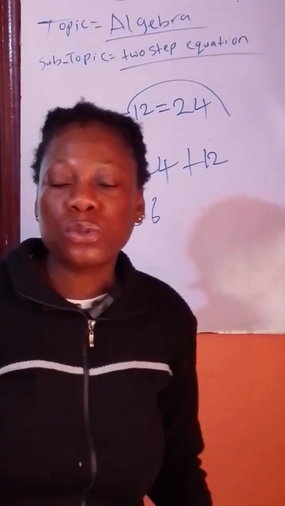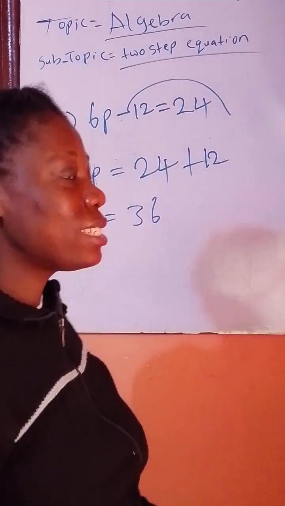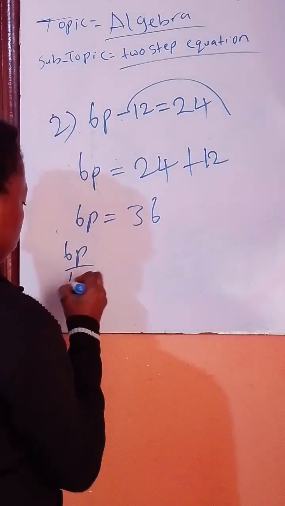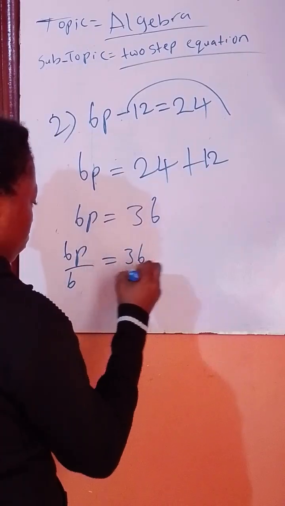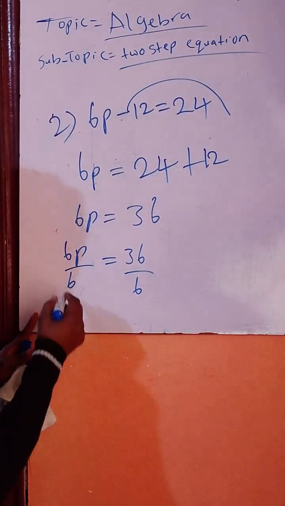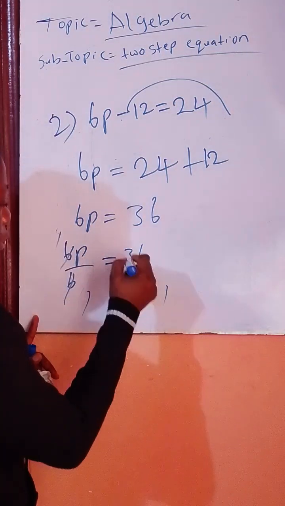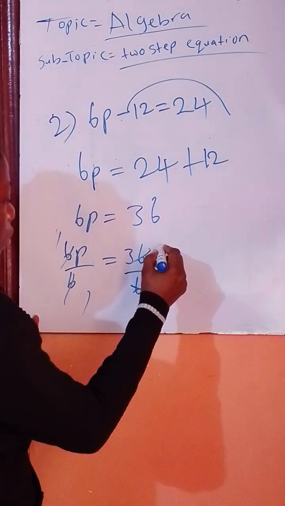The next thing we are going to do is divide both sides by 6. This here 1, this here 1, this here 1, this is p, this is 6.